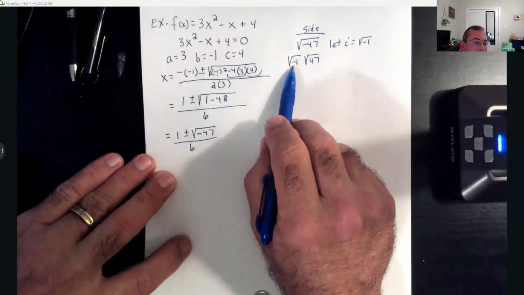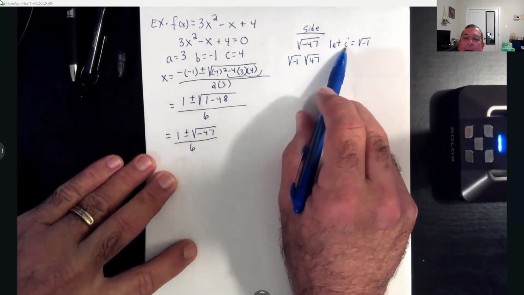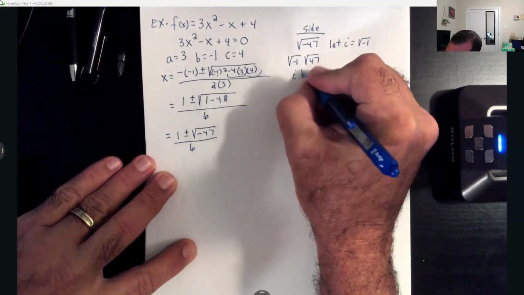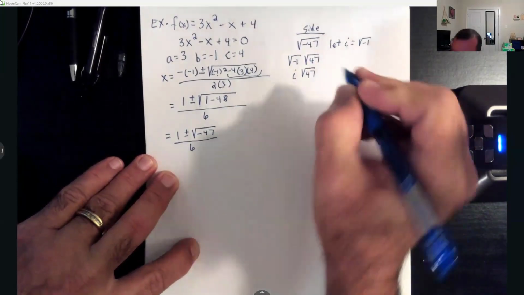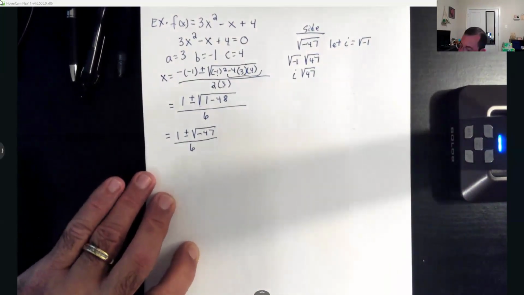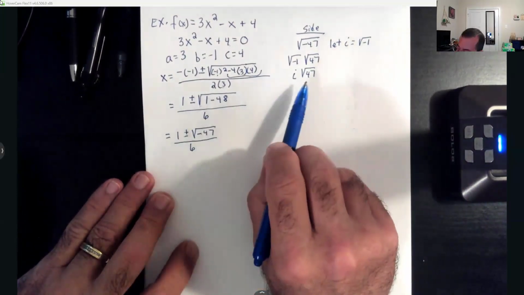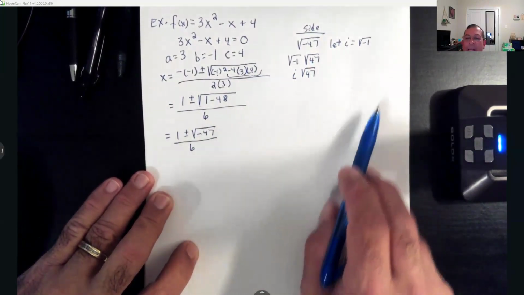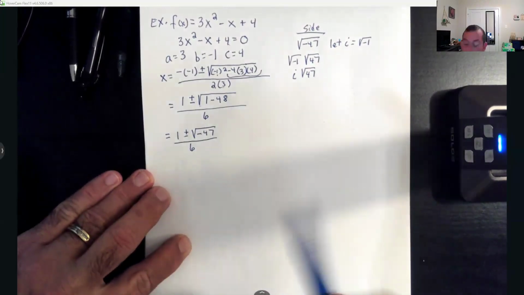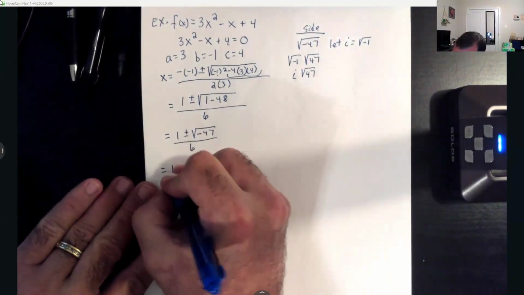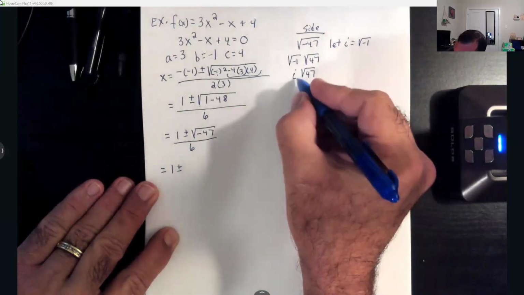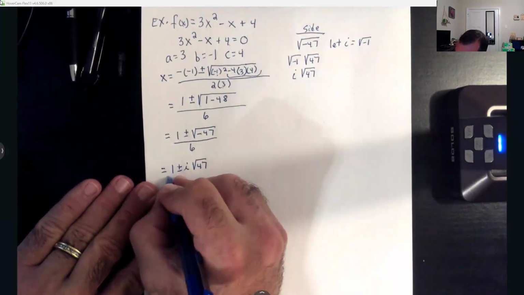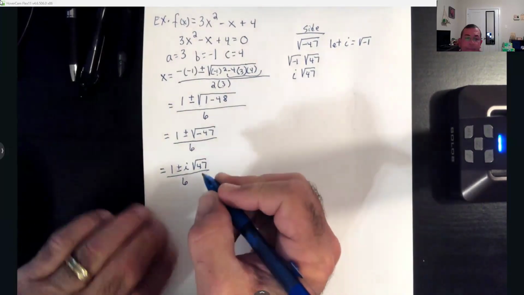Now, although we can't take the square root of -1, we bring it out as I. So that's going to give us the I, and then our square root of 47. Okay? So nothing else I can do, because 47 didn't have any factors that were 4, 9, 16, and so on. So this becomes 1 plus or minus I square root of 47 over 6.